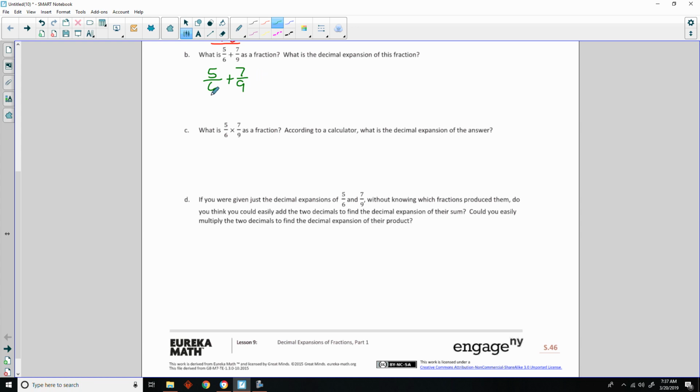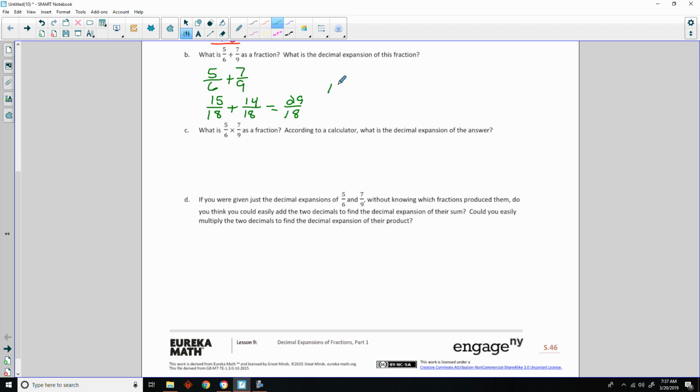The least common multiple of 6 and 9 is 18. 6 times 3 is 18, so if I multiply 6 by 3, I have to multiply 5 by 3 and get 15. So 5/6 is 15/18. 9 will go into 18 2 times, so 7 times 2 is 14. So this is equivalent to 29 over 18.